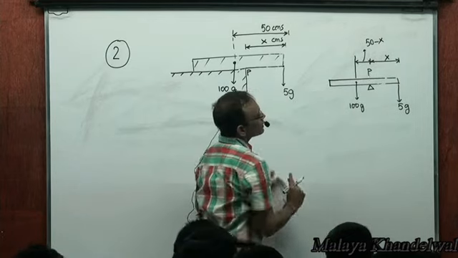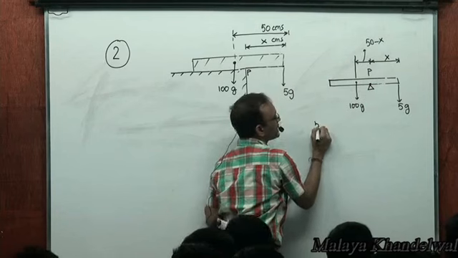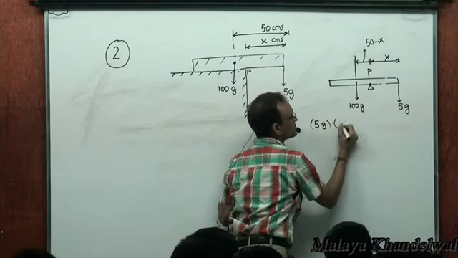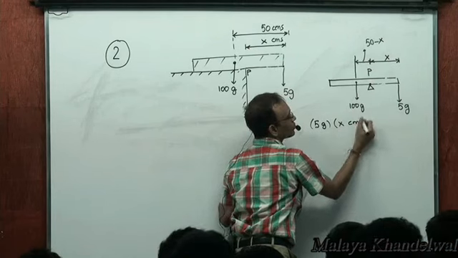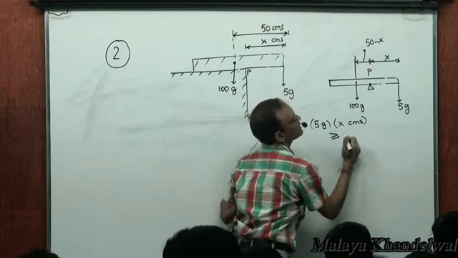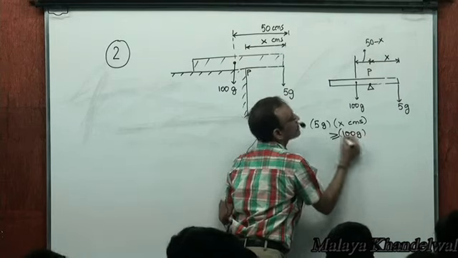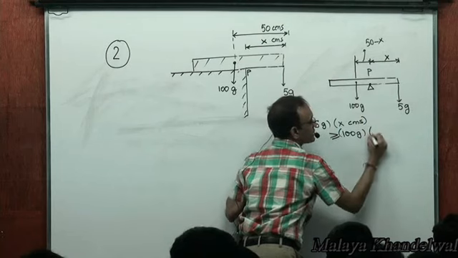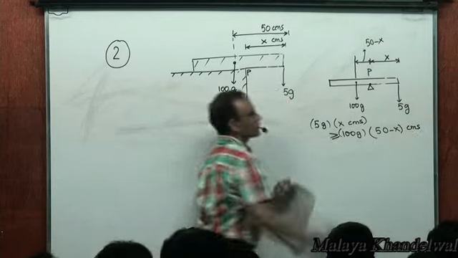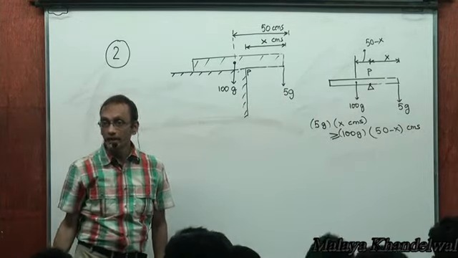X units. Now in order that it could just tilt about this point P, we must have 5 grams into x centimeters, just about greater than or equal to, limiting case equal to 100 grams into 50 minus x, in order that it could just tilt, right?